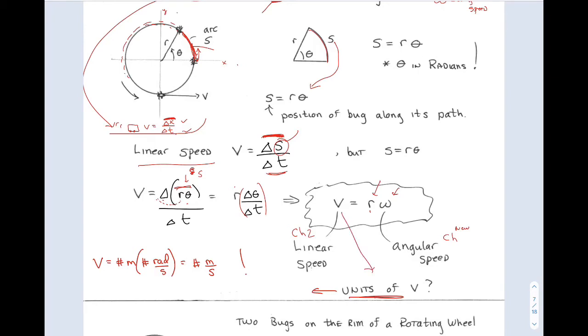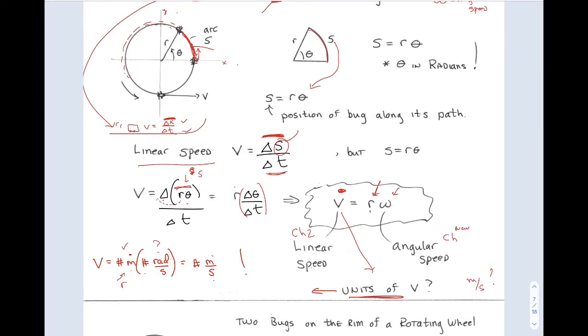Now the weird thing is, what are the units of v? Well, the old chapter is meters per second. Let's see if anything changes. If you want to calculate v, r is a distance, so it has units of meters, some number in meters, and omega is the angular velocity, some number in radians per second. You multiply those two together, and the units you have left are meters and seconds.